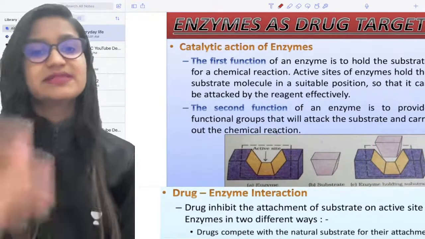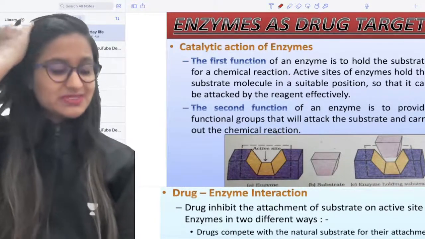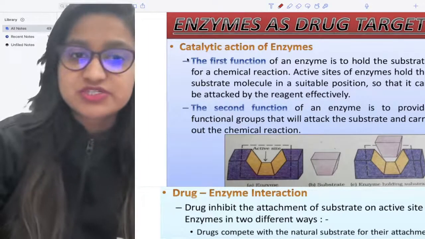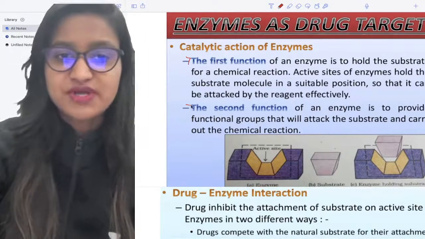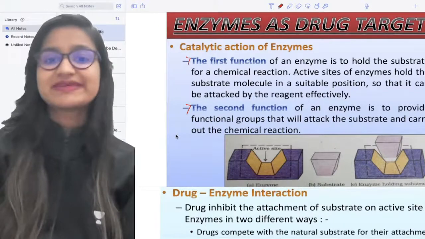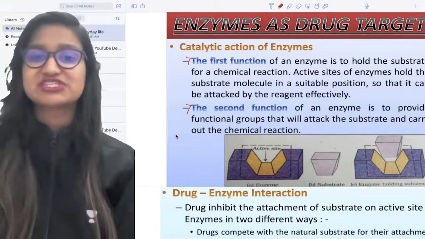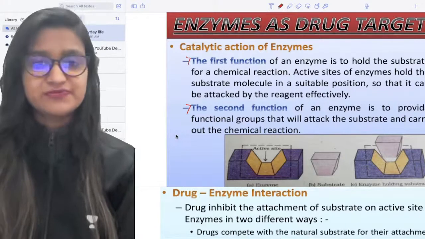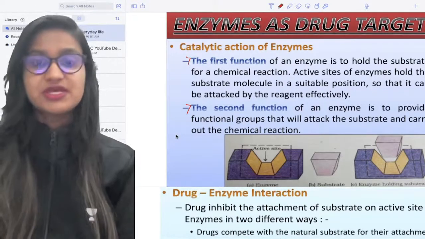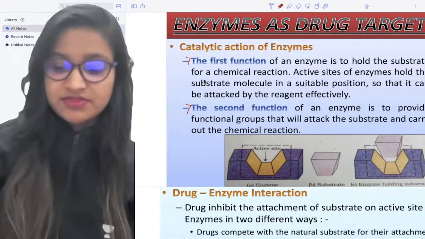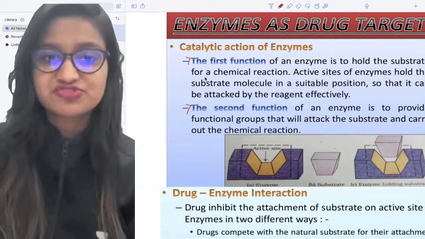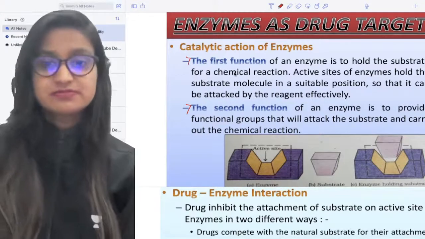There are two functions of the catalytic action of enzymes. The first function of an enzyme is to hold the substrate for a chemical reaction.